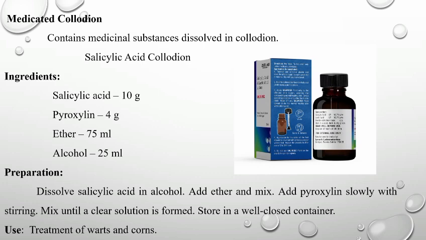After that, we have to add ether to that mixture and mix it completely. And finally, we have to add pyroxylin and continue stirring until a clear viscous solution is formed. And we have to store it in a well-closed container to avoid evaporation. Usually, these medicated collodions are used to treat warts and wounds.